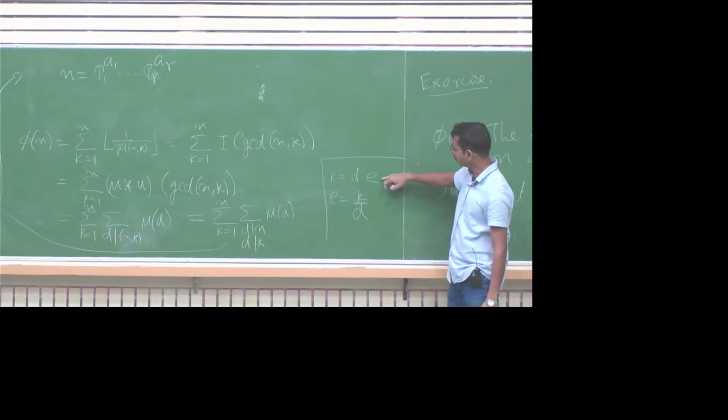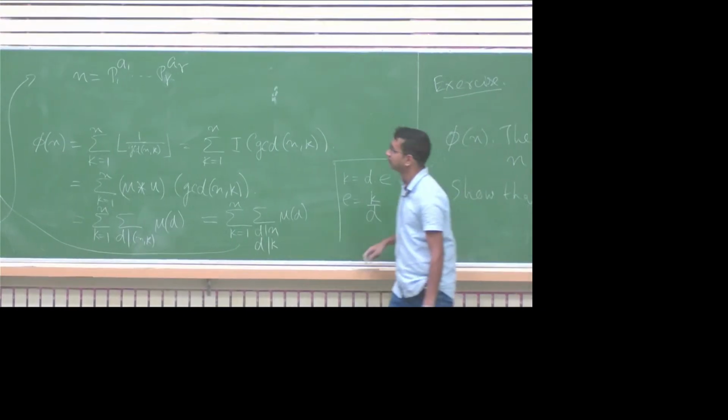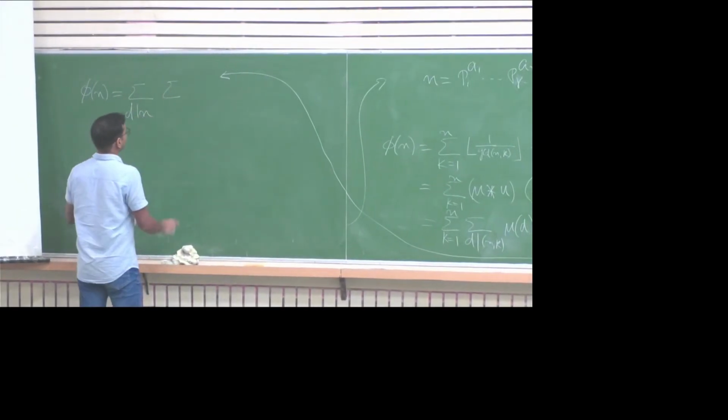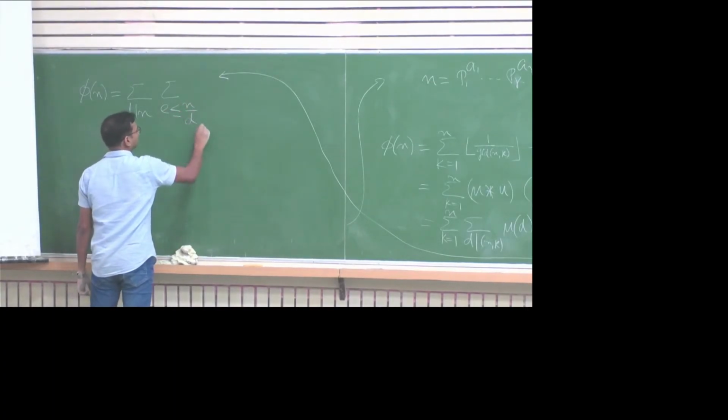And how big can e grow? It can grow up to n by d. So d divides n and e is less than or equal to n by d.